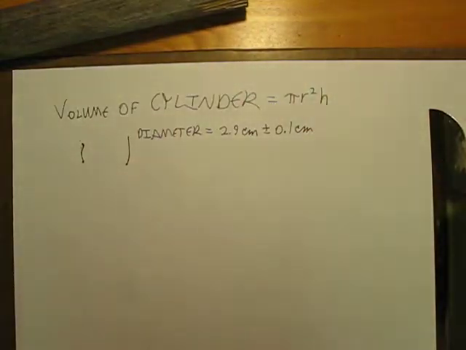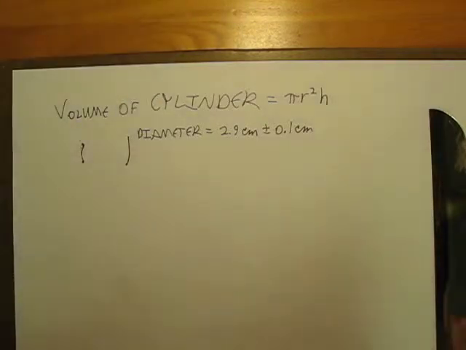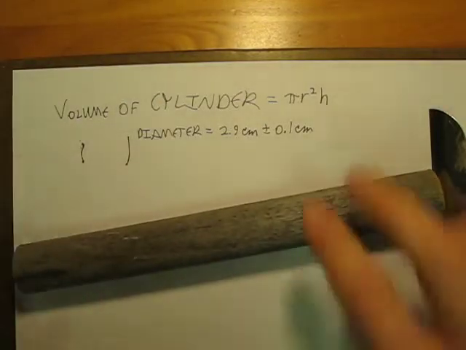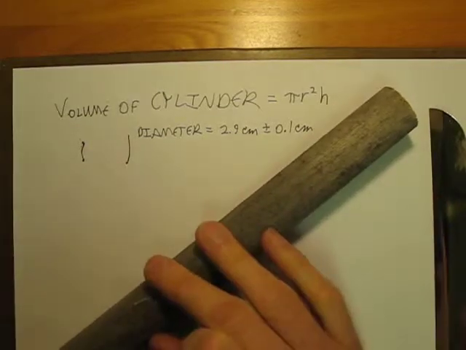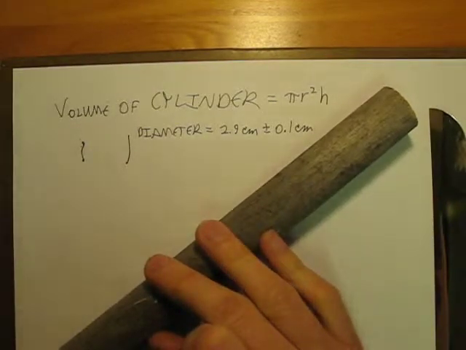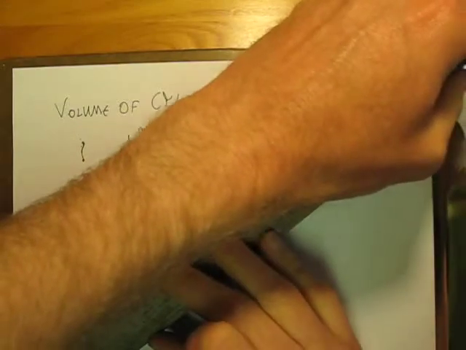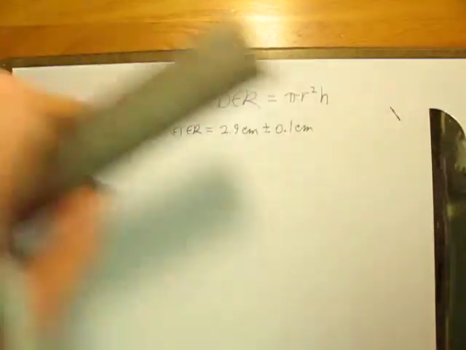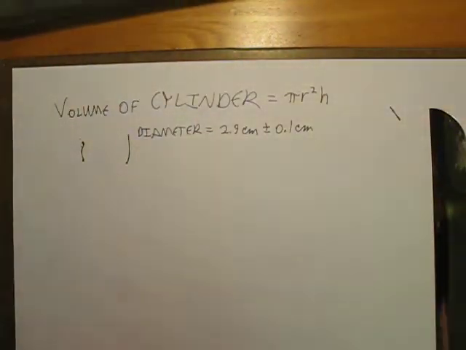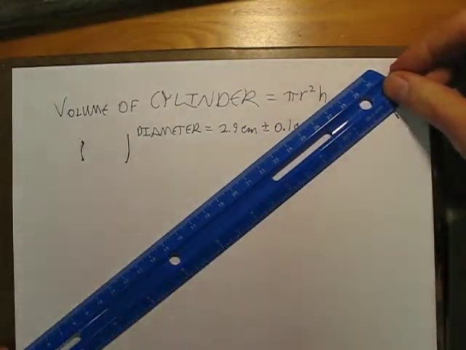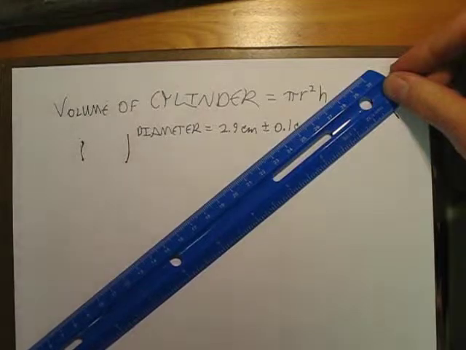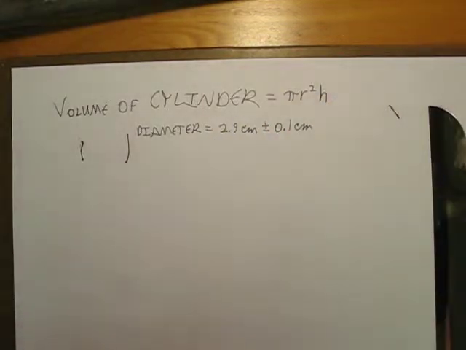Okay, now we're going to need the height, or in this case the length. So we're going to go like this and like this, and I'm not going to draw a line between those two for you because that's going to mess up. Right now I'm in inches. That's not how I want to be.